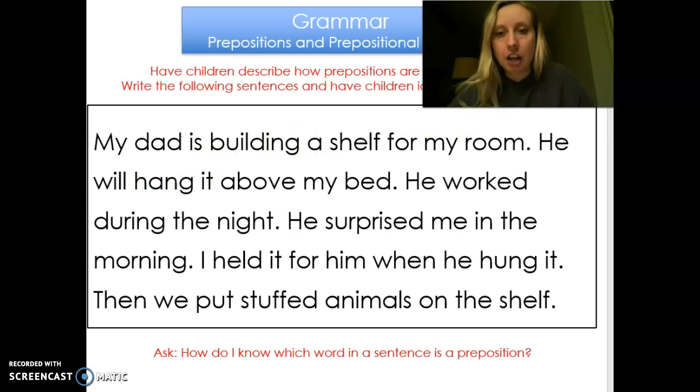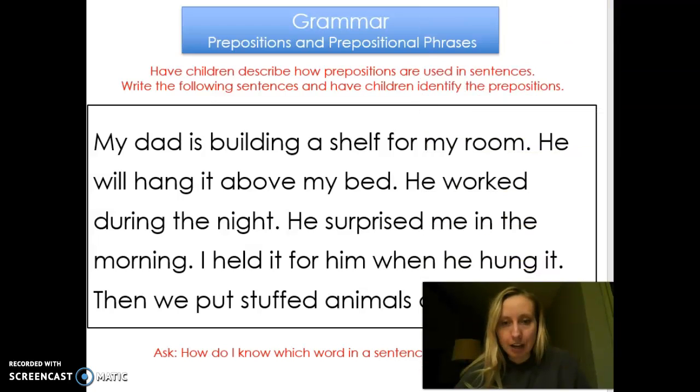Okay, once again, this is our final experience right now with prepositions. So remember, a preposition tells me where. So here we go. My dad is building a shelf for my room. For my room. So it tells me where. Room is a noun.